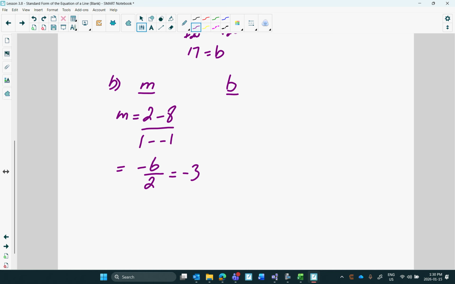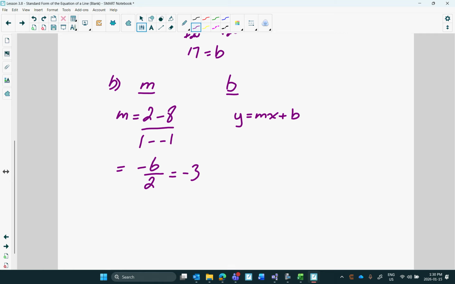Now I've got to use y equals mx plus b to find b. Remember, for x and y, you got to use a point. We've got 2 points to use. It doesn't matter which point you use. I would prefer the 1 and 2 because I always like to work with positives.